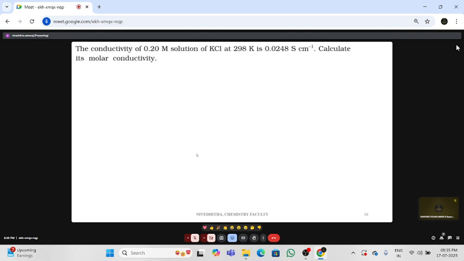1.24. Yes, 1.24. Yes, centimeter square mole inverse. Is it just 1.24, Madhavan? 1.2400. There is no 10 power term. Multiply it, ma'am.